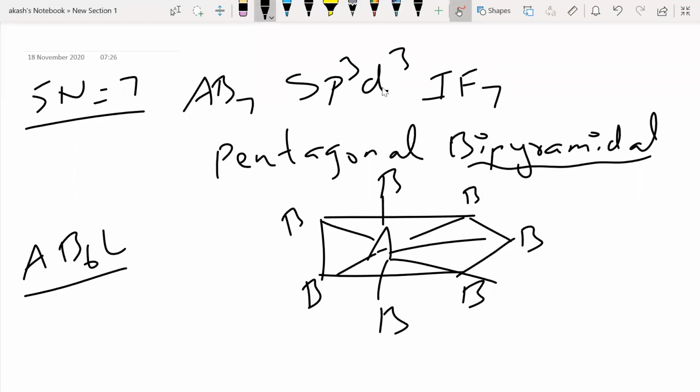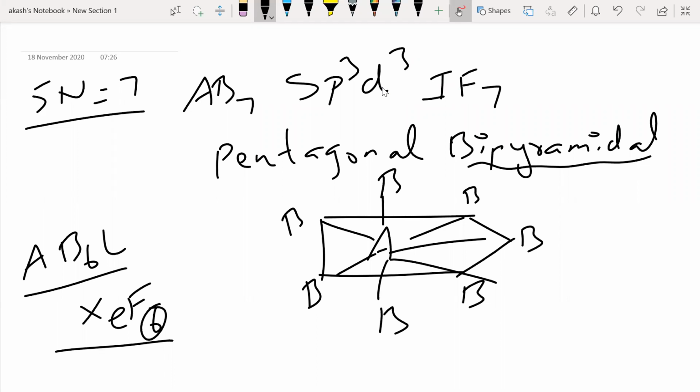XeF6. Yes, XeF6 will work. If you calculate, you'll have 6 bonding atoms and one lone pair. Basically, xenon has 8 valence electrons, 6 are involved in bonding, and 2 electrons are left out, 1 lone pair. So that is the example for AB6L.